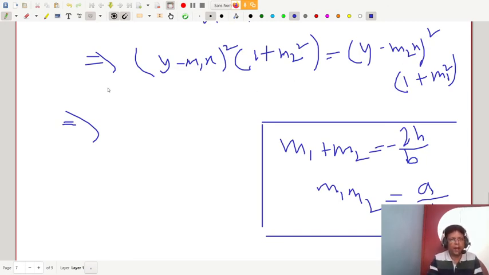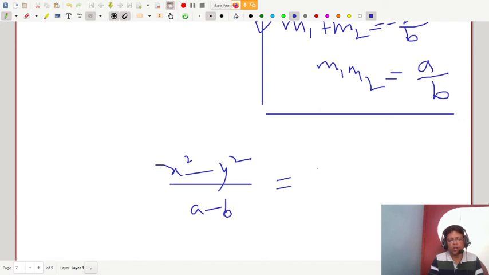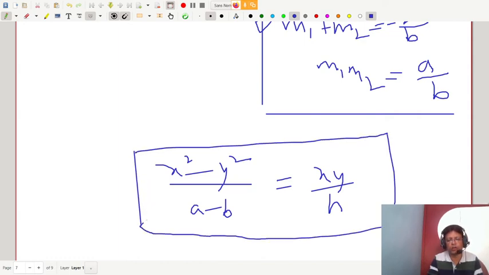If you expand throughout, and use these two relations, you will get the bisectors in this form, which you can try: (x squared minus y squared) by (a minus b) equal to xy over h. So this is the equation of the bisectors. This is a very important relation.